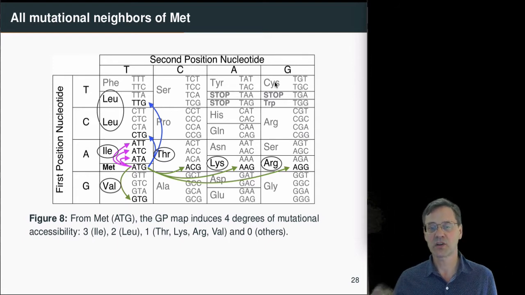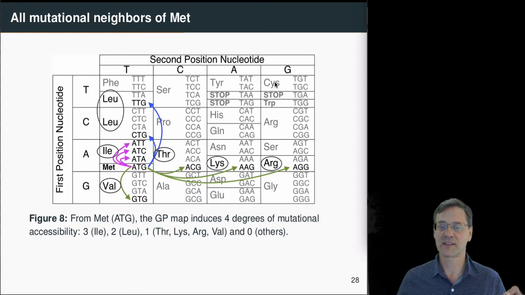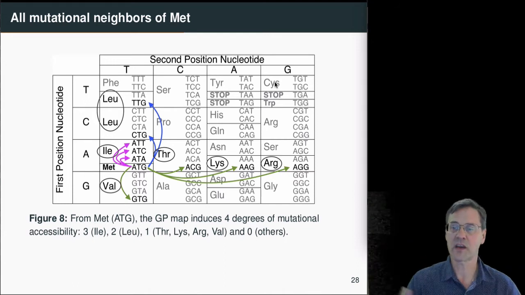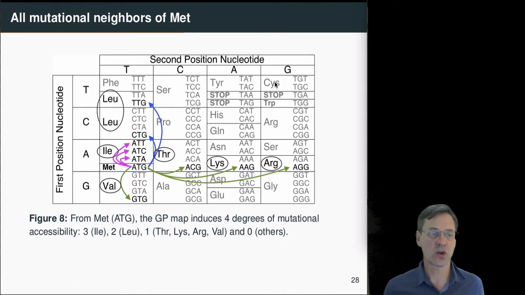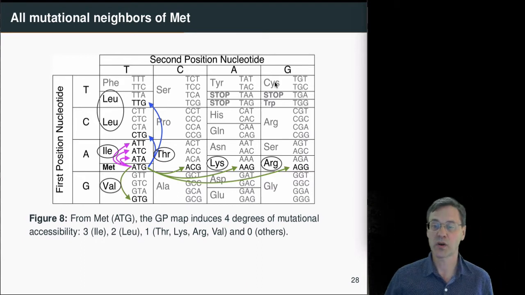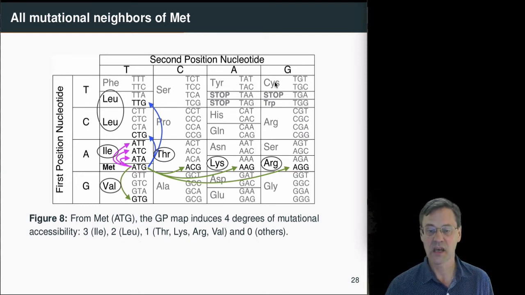But there's a second global effect of mutation to, by considering all the arrows that point to something rather than what points away from it. So for instance, reverse all those arrows and you get all the mutations to methionine. If we look at all the mutations to leucine, there's going to be more because leucine has more codons. And in general, the phenotypes that have more genotypes in genotype space have more mutational arrows pointed at them, which makes them more findable by an evolutionary process that searches possibility spaces by mutation.